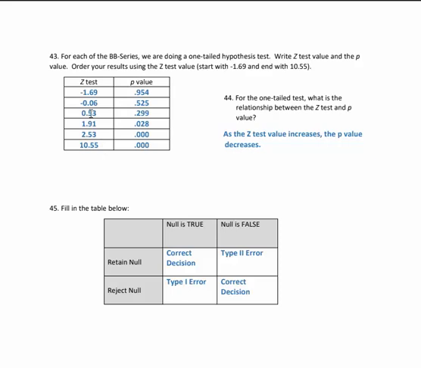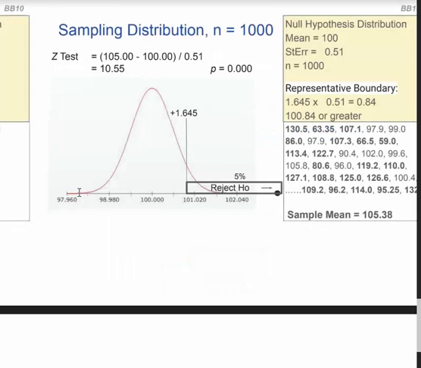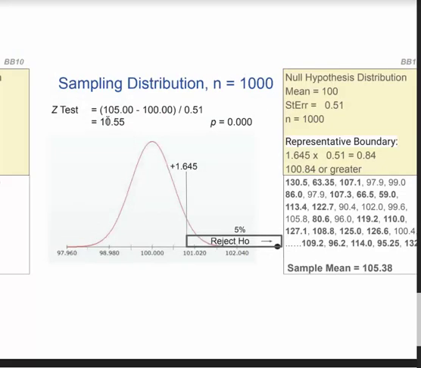Number 43. For each of the BB series, we are doing a one-tailed hypothesis test. Write the z-test value and the p-value. Order your results using the z-test value. Start with the negative 1.69 and end up with the 10.55. So we get our z-test value from here on the left, and we get the p-value from here on the right for each of our scenarios.